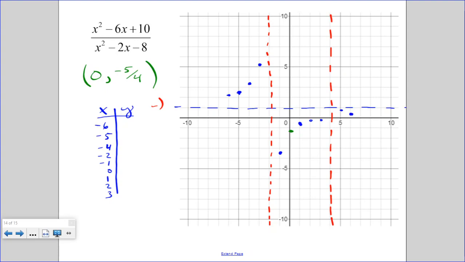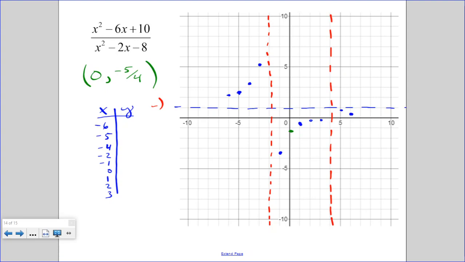So now the question is, what does the rest of this graph look like? In general, graphs are going to start off near horizontal or slant asymptotes, and they're going to go towards either positive infinity or negative infinity at a vertical asymptote.